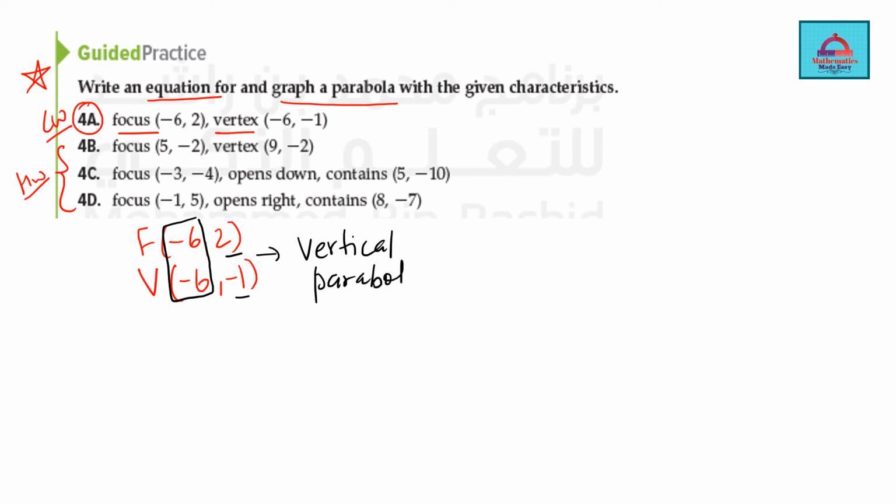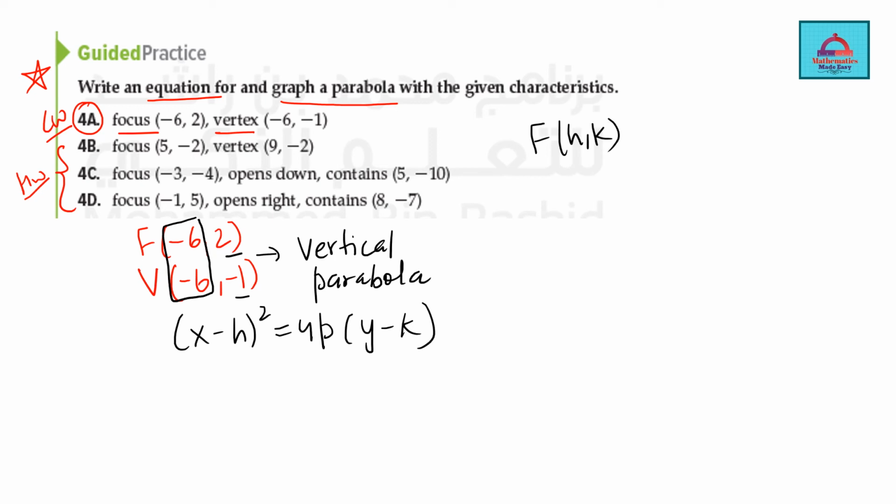So if it is a vertical parabola, its standard form from the formula sheet would be this equation. So if it is this equation, we have from the formula sheet for the focus the h comma k coordinate, and here in the question the focus is given as this point, meaning h is -6, k is 2.